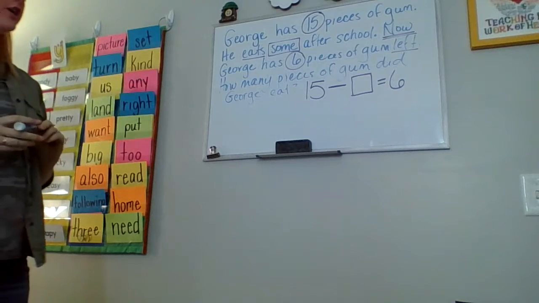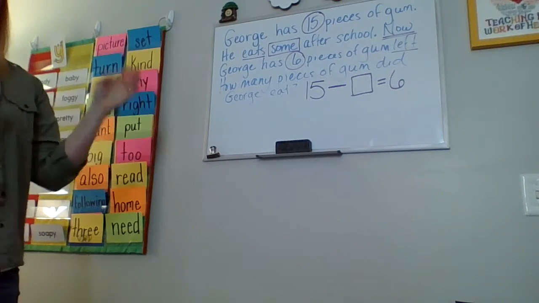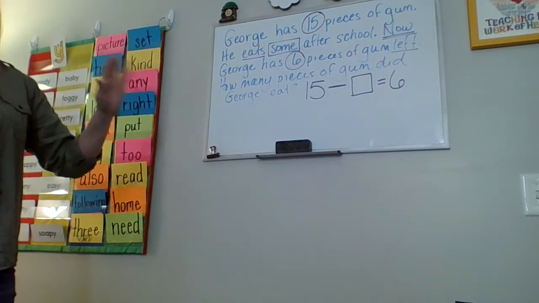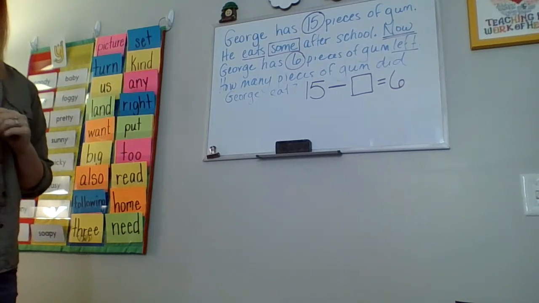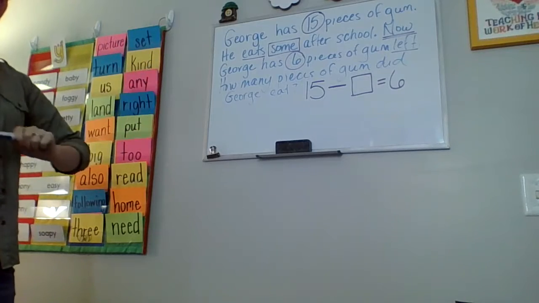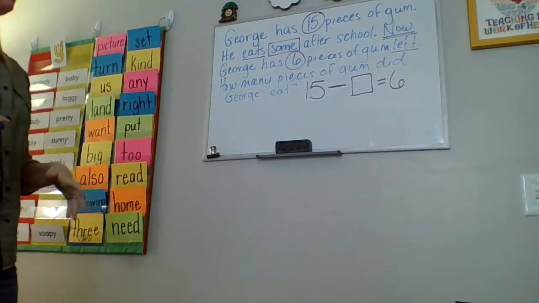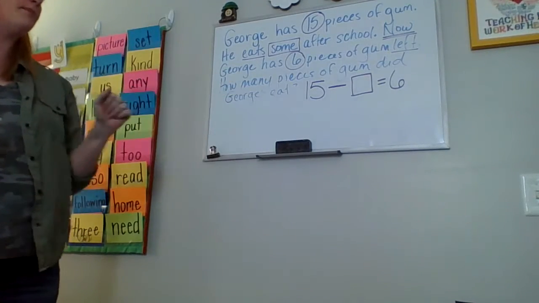Now what I would like you to do is solve this problem. Use any strategy to solve this problem. You could use tens and ones. You could use your tens and ones chart, but it's going to be hard because you don't know your second number.